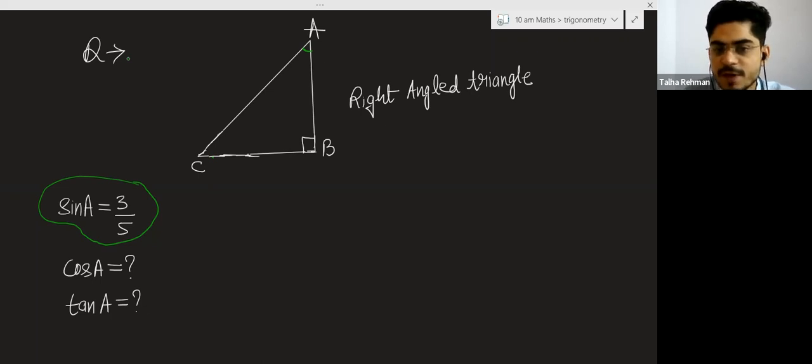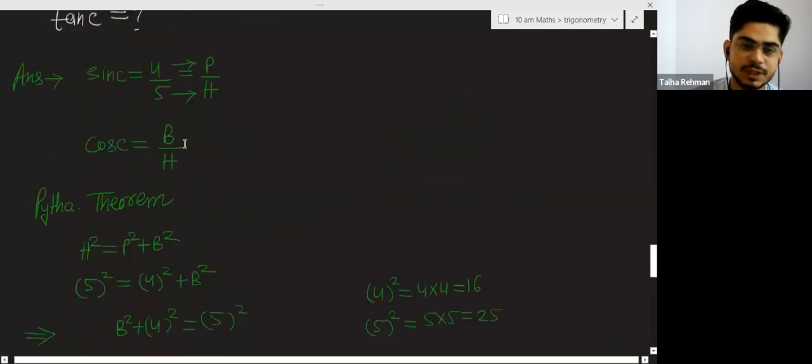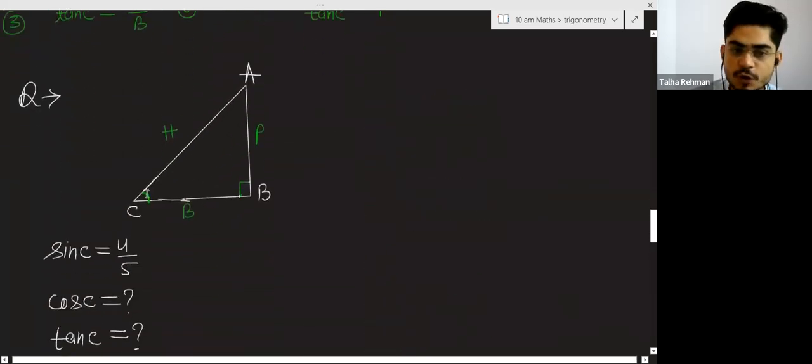What is this BC? Base or perpendicular? Base. Beta, see here. Opposite to the angle you will take.